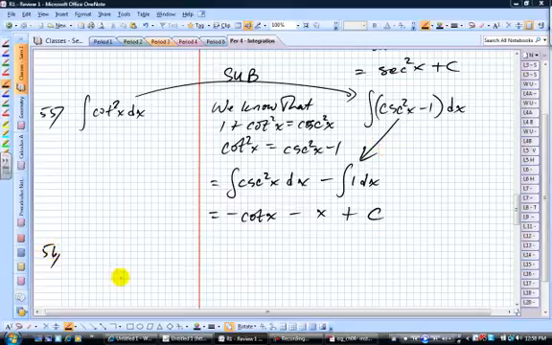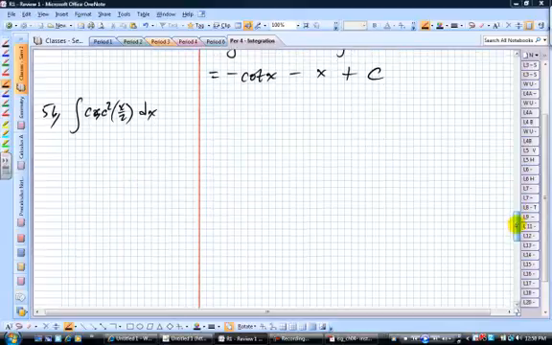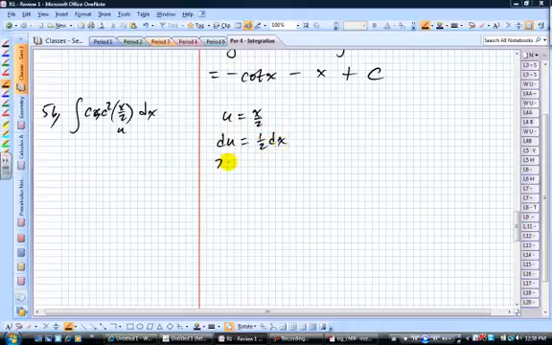Okay, there's number 56, the integral of cosecant squared of x divided by 2. Ooh, it's not x now, so it's going to involve a u substitution here. So let u equal the angle here, x divided by 2, so that du is equal to 1/2 dx, or 2 du equals dx.